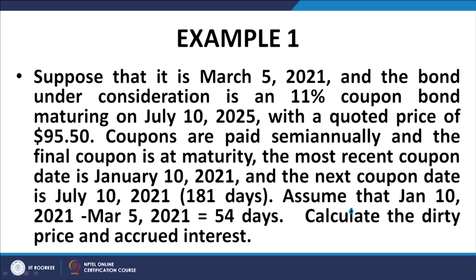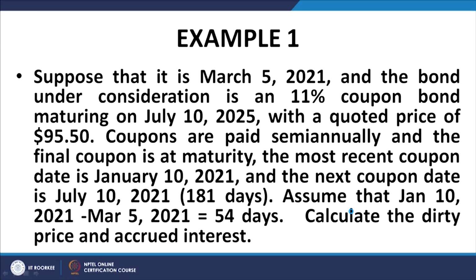Suppose that it is March 5, 2021 and the bond under consideration is an 11% coupon bond maturing on July 10, 2025 with a quoted price of 95.50. This is the clean price of the bond. Coupons are paid semi-annually and the final coupon is at maturity, that is on July 10, 2025.